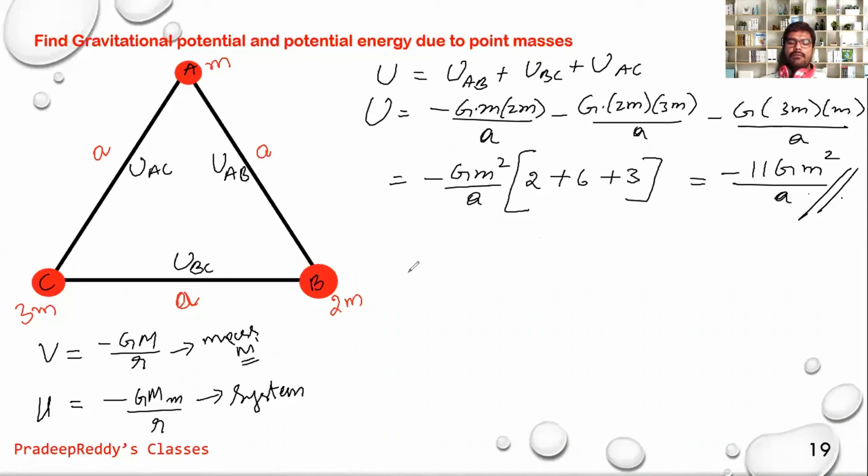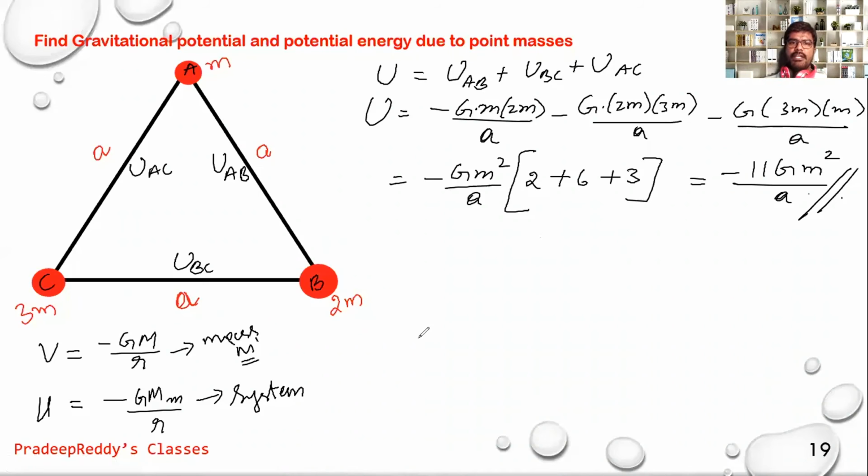Next, we should find out gravitational potential, and that gravitational potential is concerned with one particular point. On any mass you can find out gravitational potential.